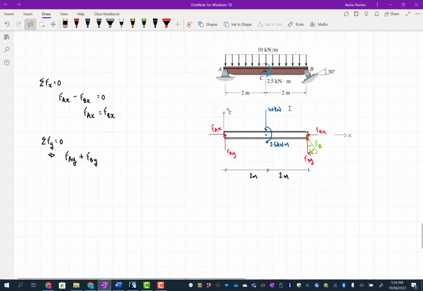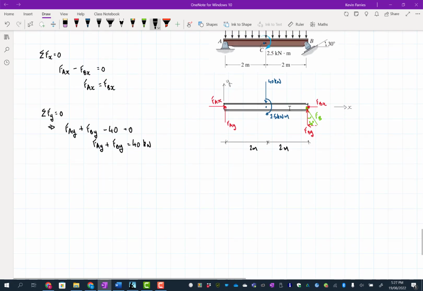Now we've got a negative component going in the negative direction, so minus 40. Anything else? Nope. Equals 0. Therefore, Fay plus Fby is equal to 40 kilonewtons.